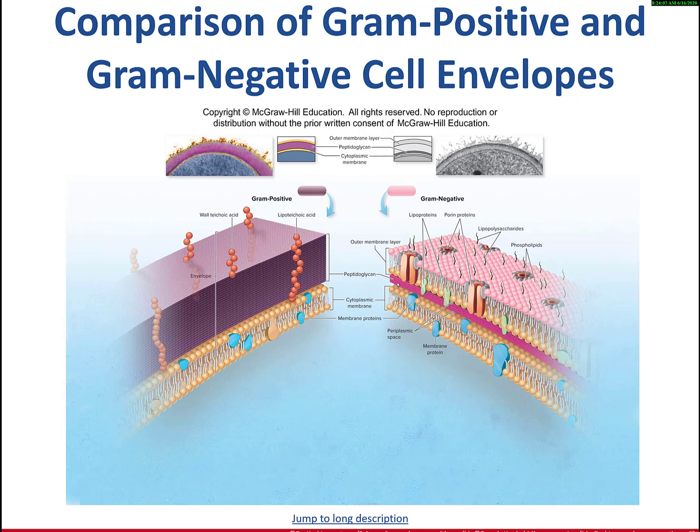I'd say that's almost 10 times as thick a peptidoglycan in the gram positives than we see in the gram negatives. And so what we essentially have is a systematic membrane that has pores and various things embedded in it, allowing it to take up more things, whereas in the gram positive it's pretty isolated from its environment.